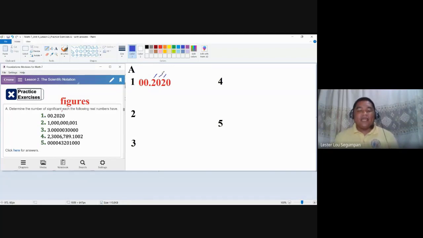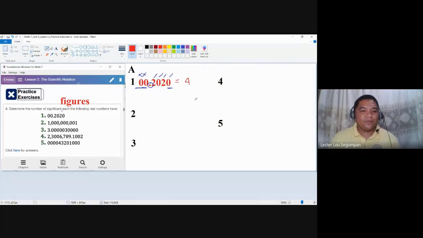Number 3, the leading zeros are not significant. And for the last item, the trailing zero with a decimal point is significant. So for number one, the number of significant figures is 4. Significant figures are significant digits.